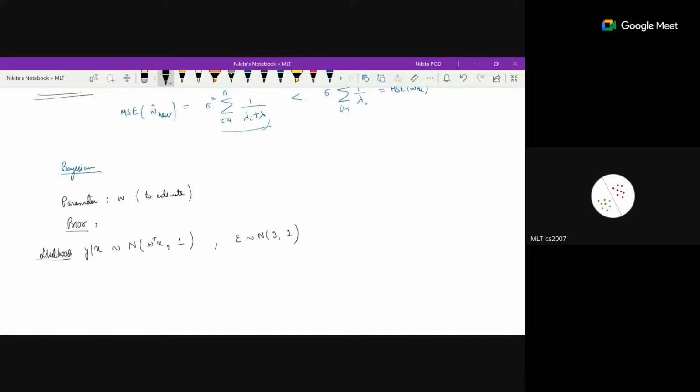So the likelihood is, I mean, your samples are being generated from a normal distribution. So if you have to find the posterior, I know a very good choice for the prior distribution for W would be the normal distribution itself, right?